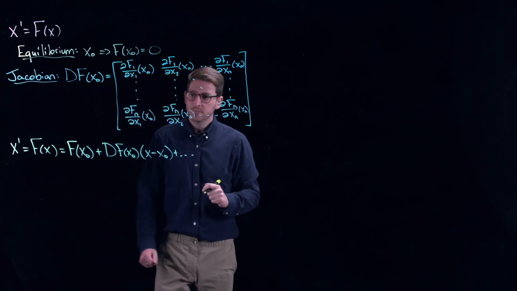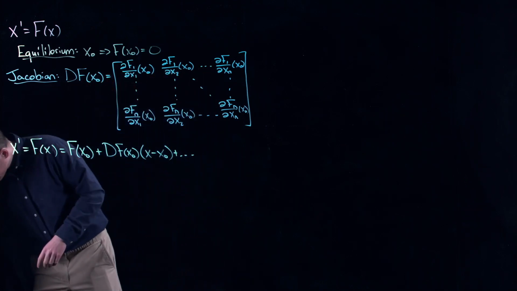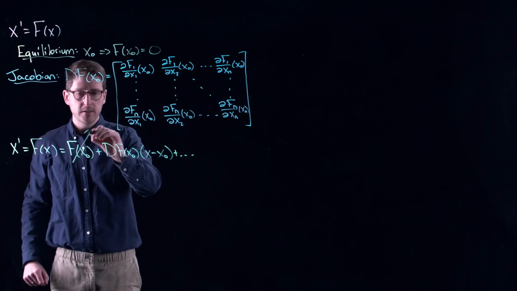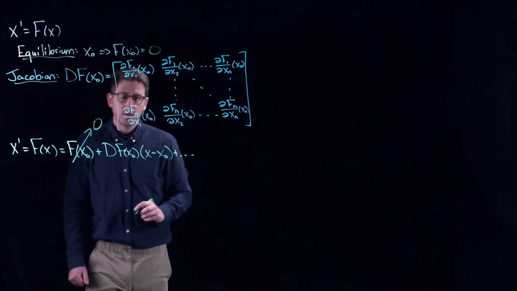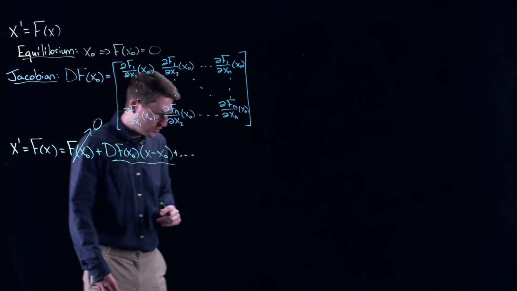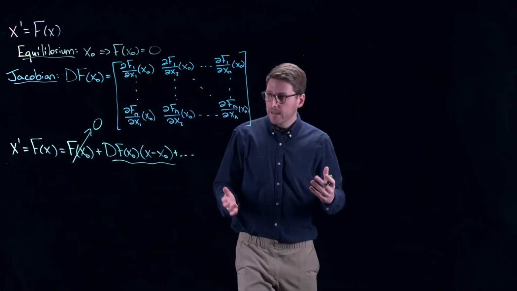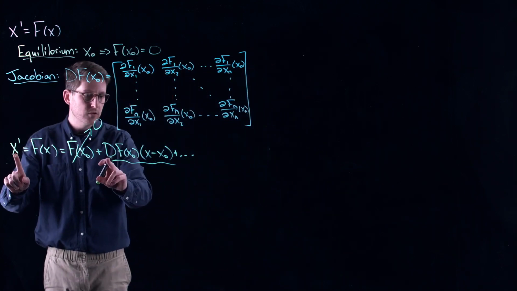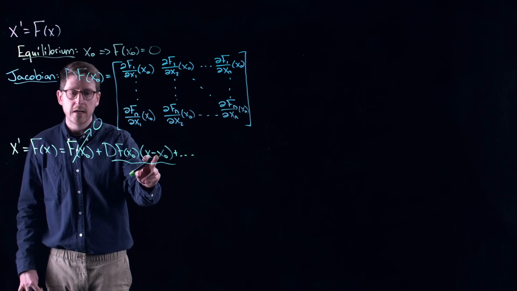Now, what do I know about this? First of all, this is an equilibrium point, so this piece disappears. Essentially, if I take a linear approximation of this function, I get a linear dynamical system: the derivative of something is equal to a matrix times its current state.